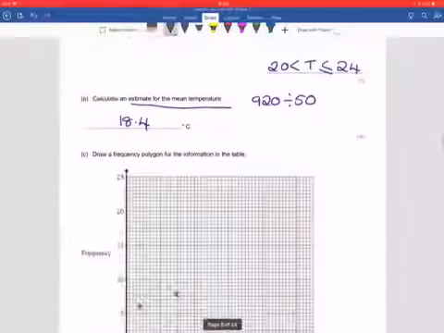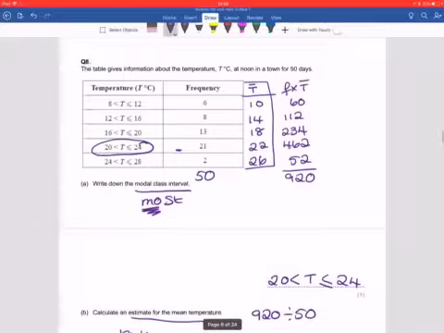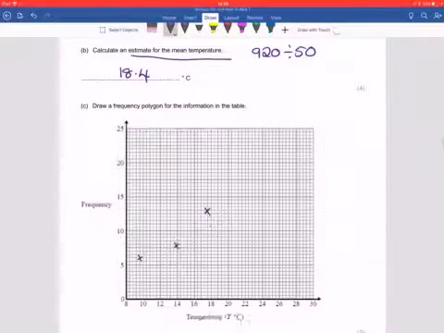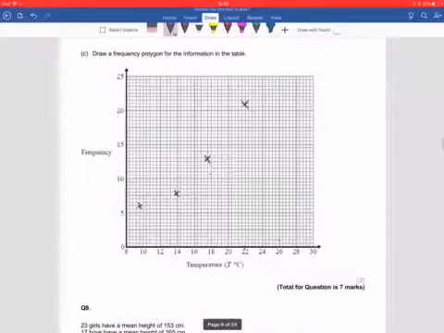Temperature of 18 has a frequency of 13. 22 is 21. Be really careful. And 26 is 2.